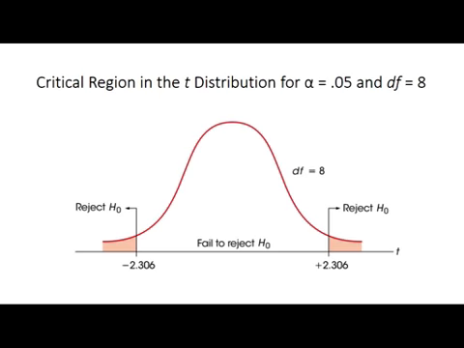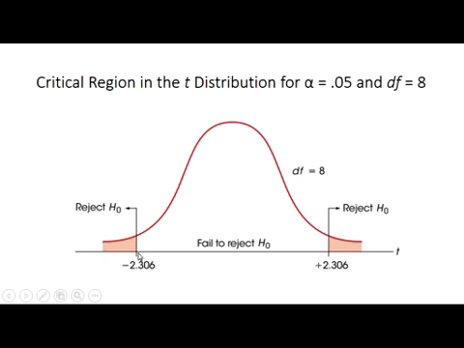So here is the critical region for a t-distribution at the alpha level of 0.05 with degrees of freedom of 8. What it's saying is that when I look up the t-test, if I get a t-statistic that's greater than 2.306 over here, or less than negative 2.306 over here, I'm going to have to reject my null.